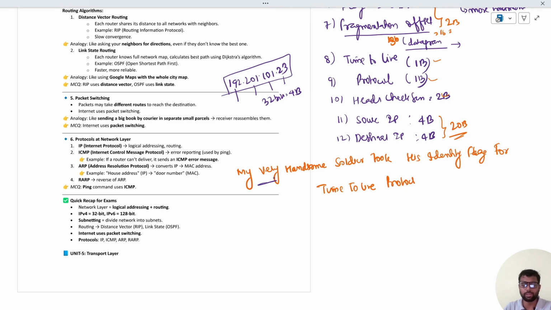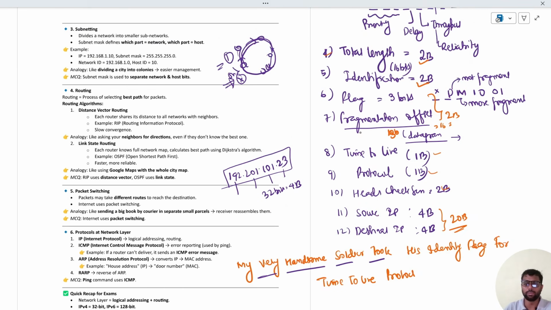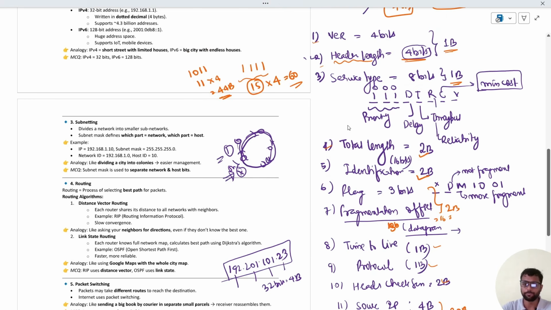So V is for version, H is for header length, S is for service, T is for total length. So T H took his total length, I for identity, F for flag, for means fragmentation, time to live, protocol, then we have header checksum and source IP address and destination IP address. This way you can remember the fields of the IPv4 packets.